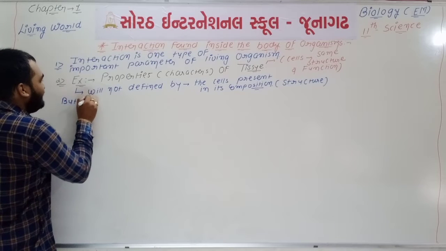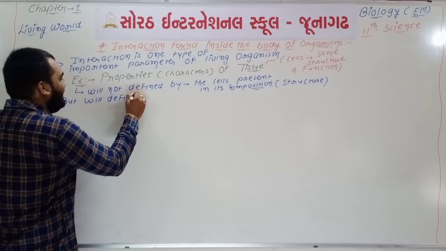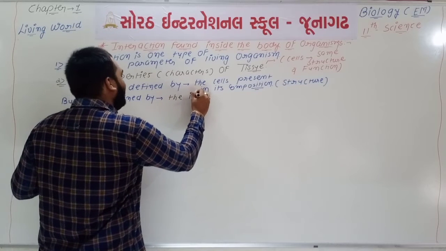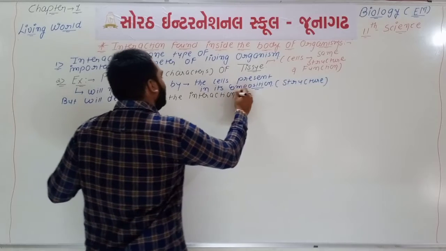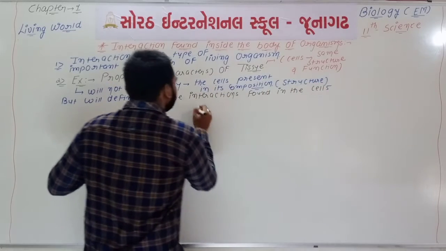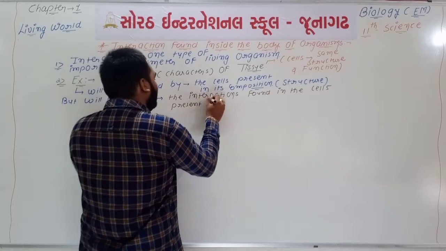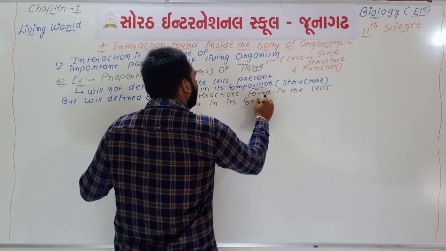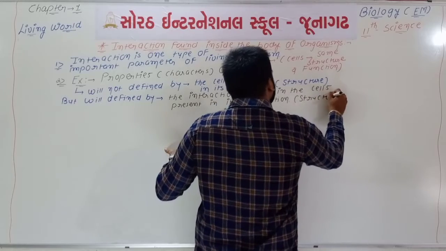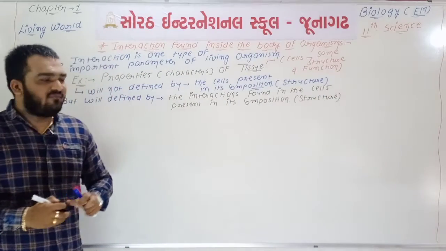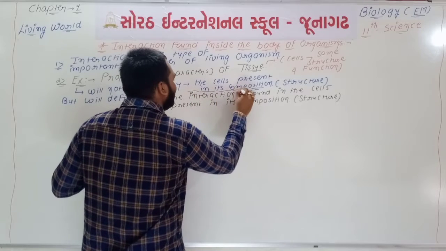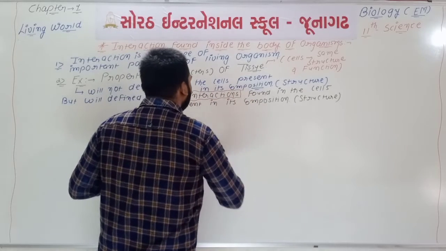If we talk about the composition or structure of tissue, tissue is made up of cells. So the properties or characters of tissue will not be defined by only the cells present in its composition, but will be defined by the interactions found in the cells present in its composition.